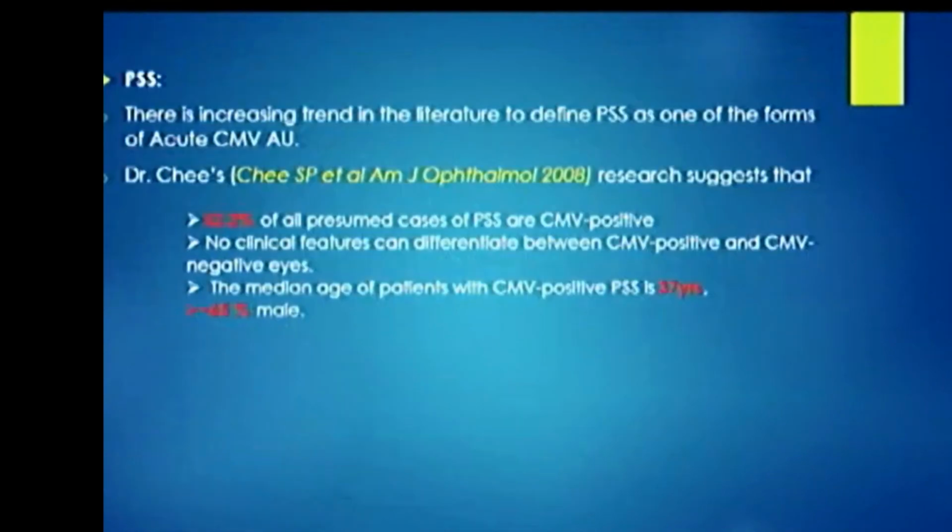Now the other form is corneal endotheliitis. We noticed that endotheliitis and anterior uveitis are different patterns of cytomegalovirus infection. Why does this form happen?